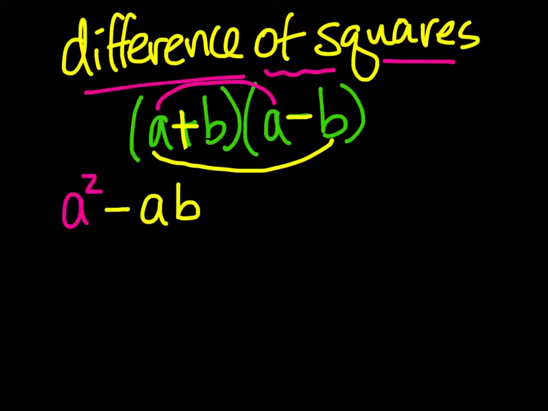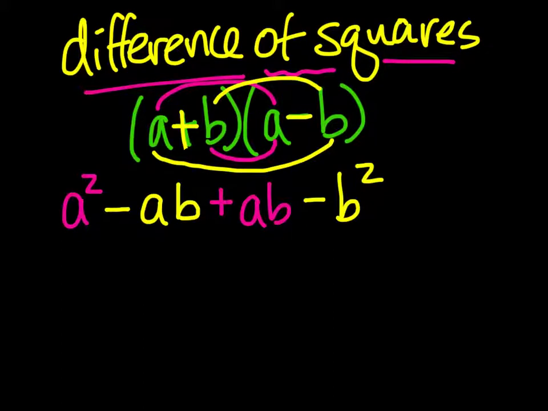We then have an inside term, b times a, which ends up being positive ab. It doesn't matter, just as long as they're both multiplying each other. And then the last one, b times a negative b. So a positive times a negative will get us a negative. But b times b, that'll be b squared.